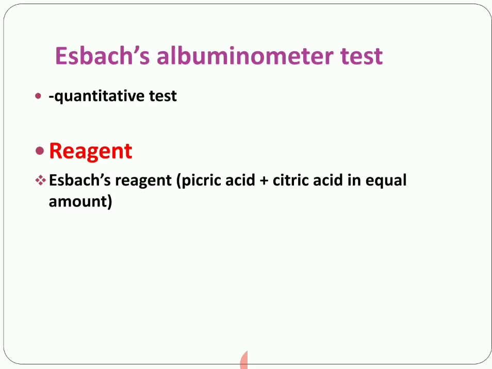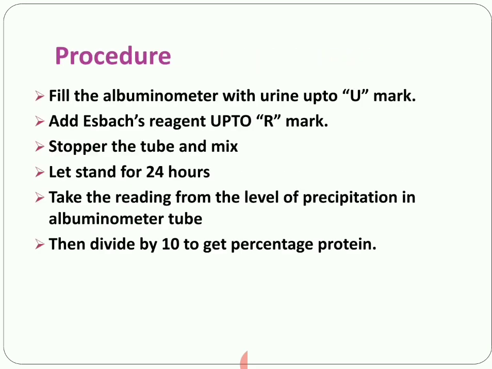Now the next one is Esbach's albuminometer test. This is a quantitative test. The reagent used here is Esbach reagent, which contains picric acid and citric acid in equal amounts. Procedure: fill the albuminometer up to the U mark.